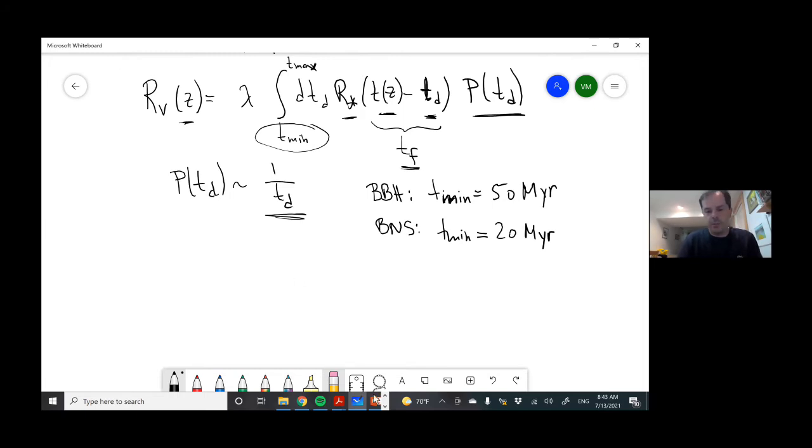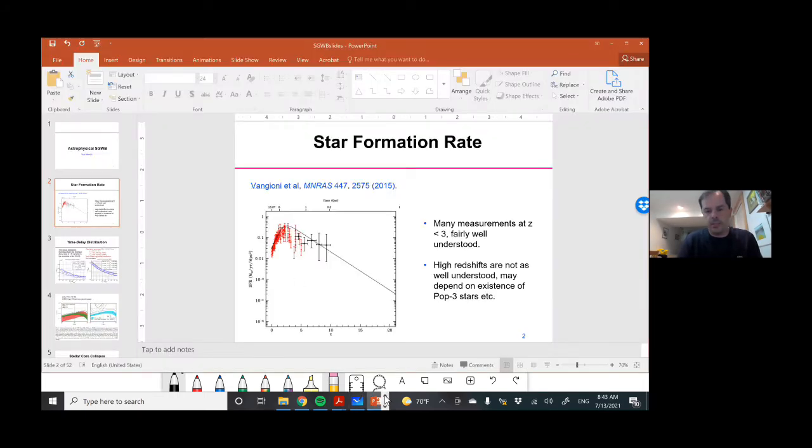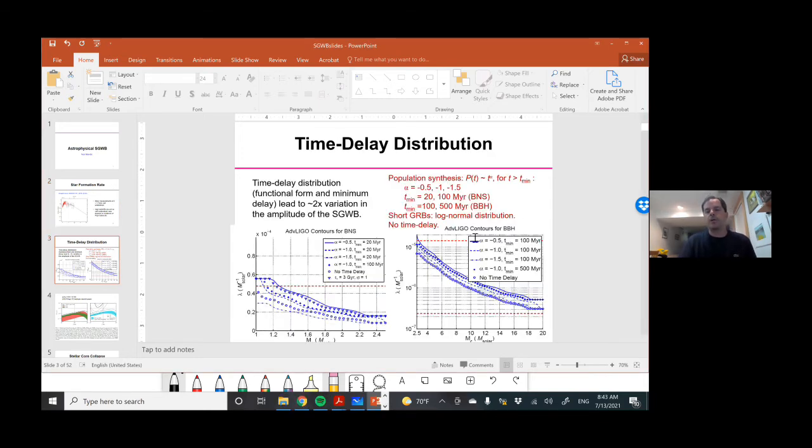Let me also show you, so we can go back to the next slide here. Yeah, that's what I wanted to do. So at some point in the past, we did a study of how much different choices of the time delay distribution matter. So we looked at several values of the power index.